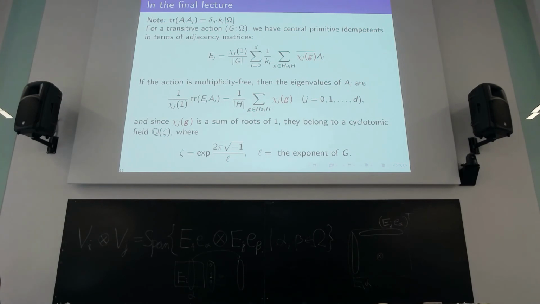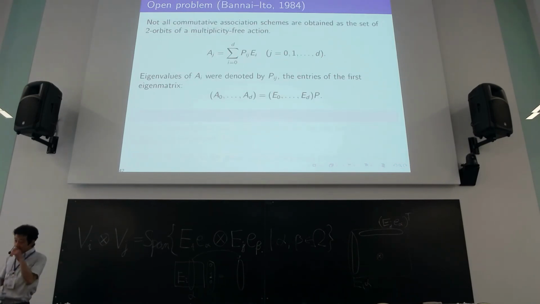So the open problem stated in the book by Akihiro is: can we say something similar for a commutative association scheme without assuming any group action? If we do not assume a group action, as long as the scheme is commutative, we have adjacency matrices and primitive idempotents.